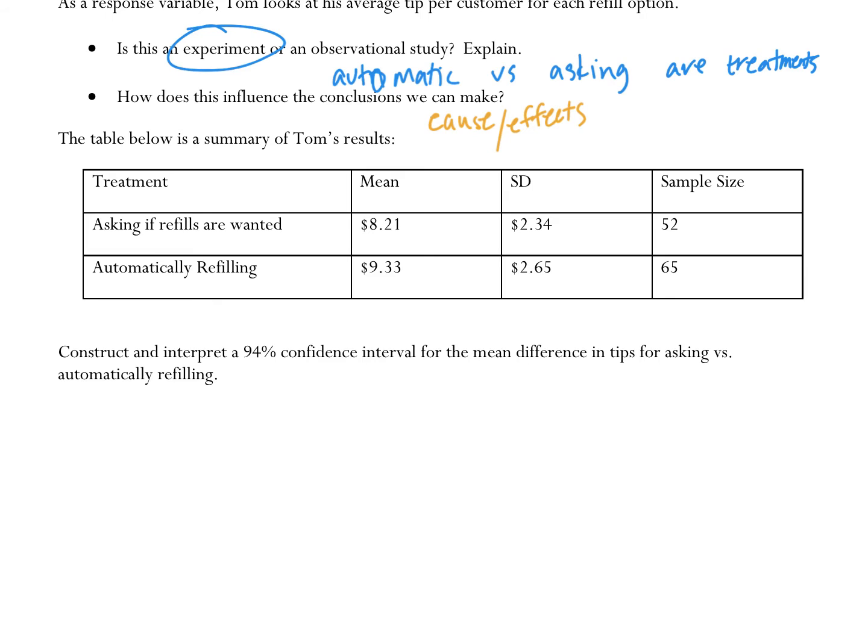Do you just add them and divide by 2? Miss Messier, do you just add the 65 and the 52 together? No. So if you are calculating this by hand, you would use the smaller of the two samples to calculate your degrees of freedom. Okay, because that's the safer one.